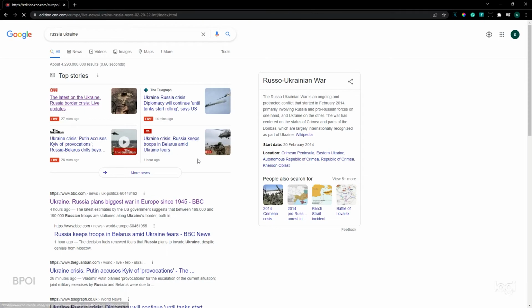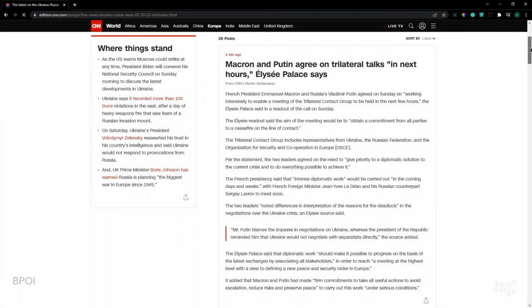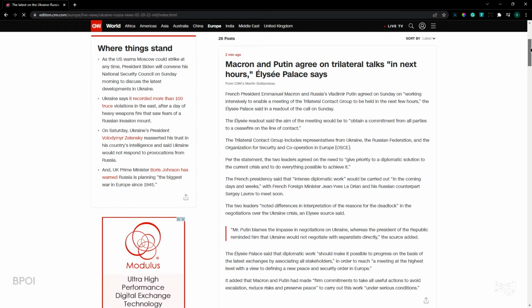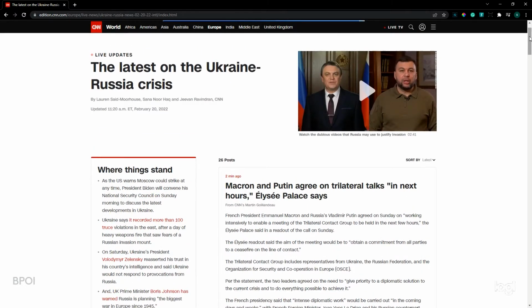But I just think that however long this goes on for, whether Putin actually attacks or not, the longer he keeps troops on the border, the more of an effect it's going to have on global markets. The longer he keeps troops there, the more likely it is that something is going to happen.